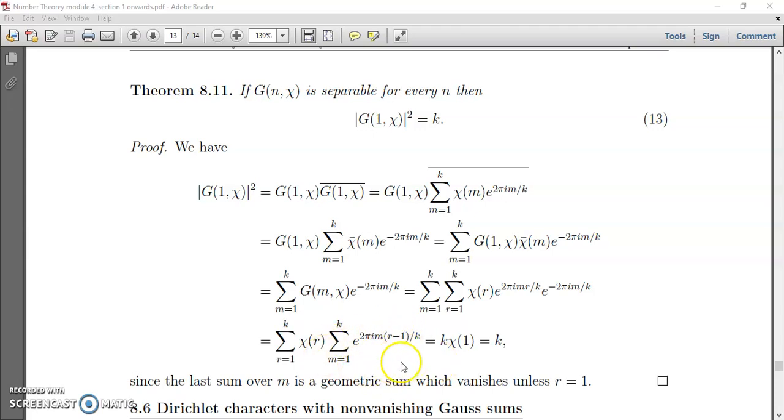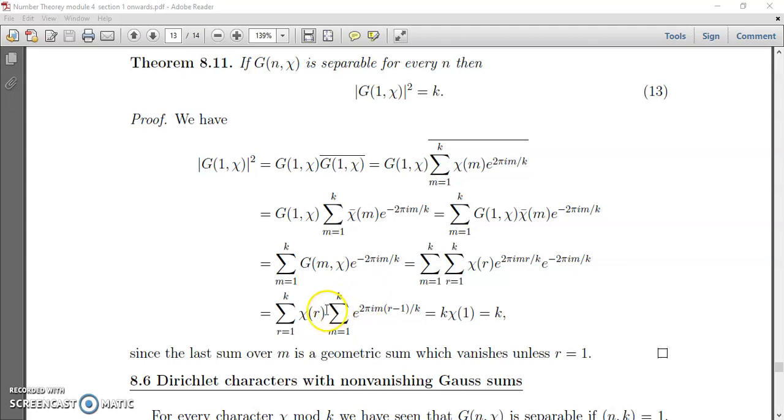Now this we already know is a geometric sum. This sum reduces to k when k divides r minus 1, and in other cases the sum is 0.